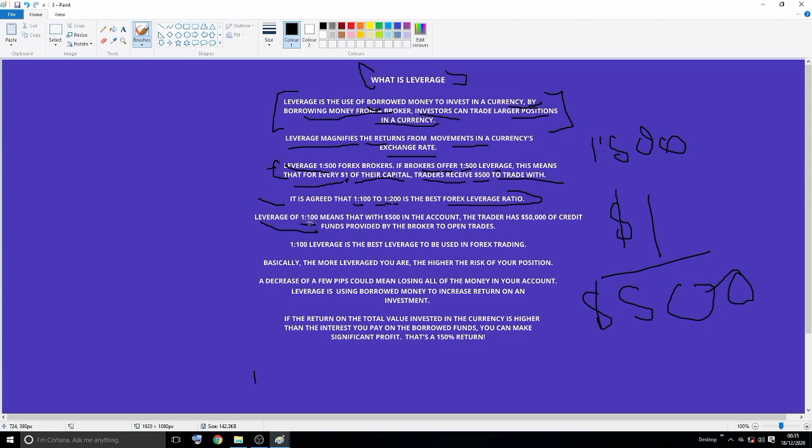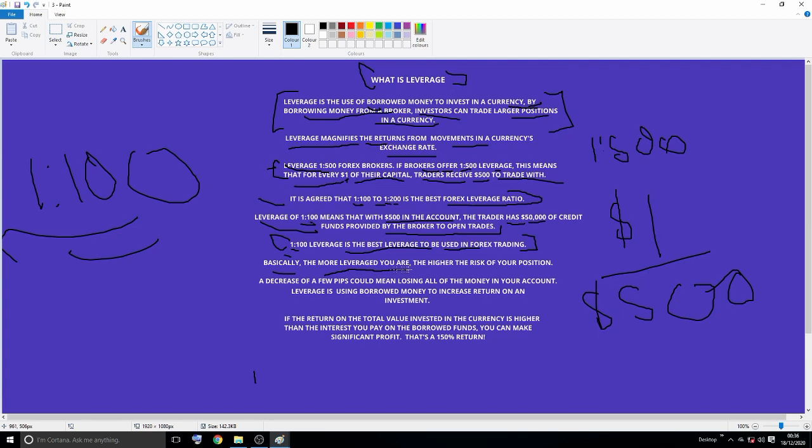Leverage of 1:100 means that with $500 in the account, the trader has $50,000 of credit funds provided by the broker to open trades. 1:100 is the best leverage to use in forex trading. So when you are opening a trading account and you are asked about leverage, choose 1:100.